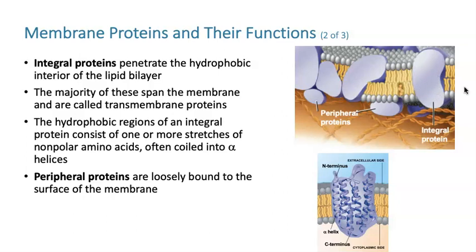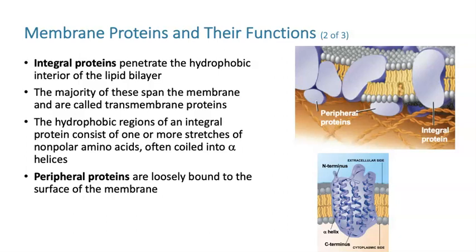And of course, this makes a lot of sense, because if this region in the center were hydrophilic, it wouldn't be able to stay in the hydrophobic region of the plasma membrane. If you think about it at a deeper level, the amino acids that make up this region of the protein are going to have those hydrophobic side chains, and the amino acids that make up this region of the protein are going to have those hydrophilic side chains.